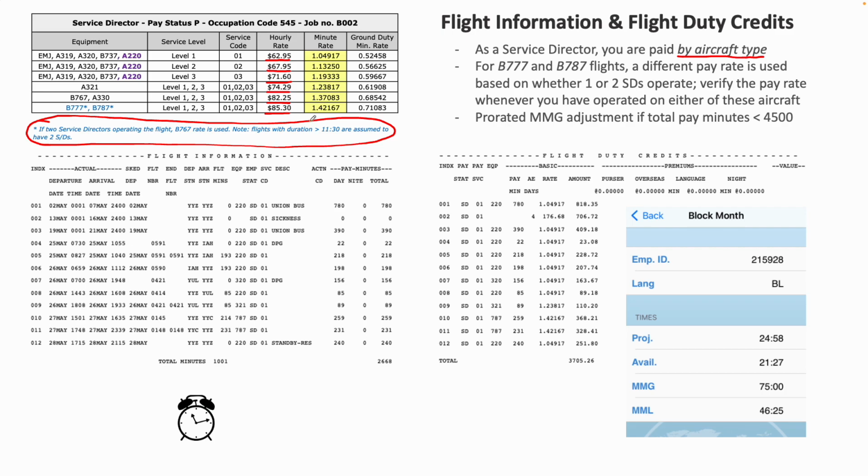As per this note, you would be getting the $82.25 per hour rate. Same thing would be for Toronto to Delhi, for example. That's a 2 service director flight, so it would be $82.25 per hour for that flight, even though you're flying on the 787, and that's based on the note that's provided here.